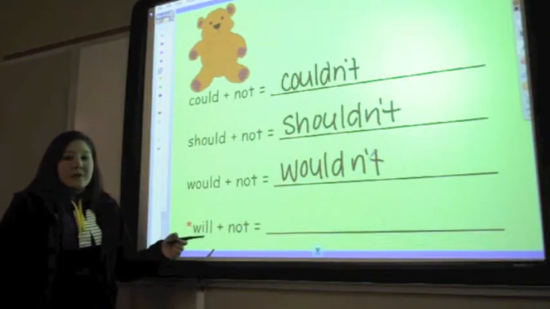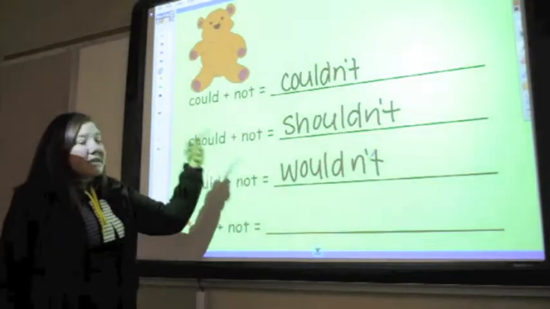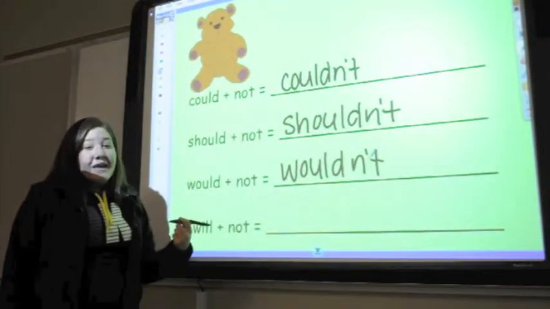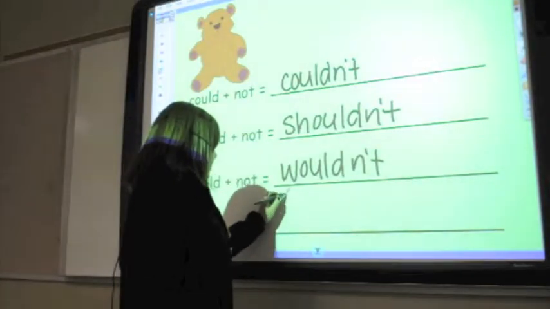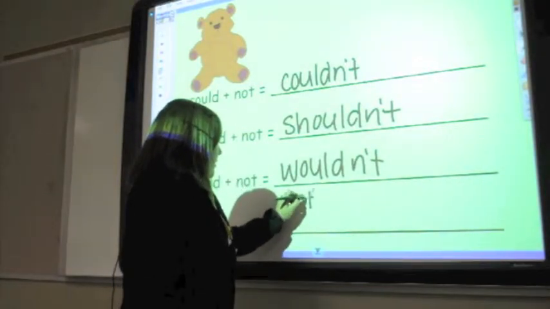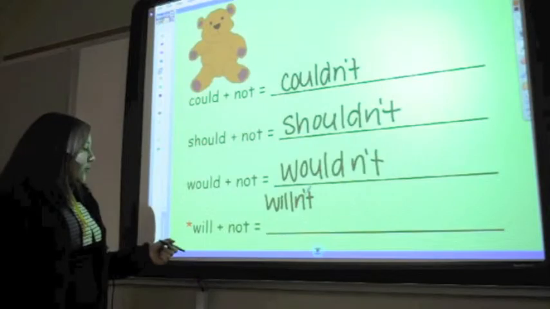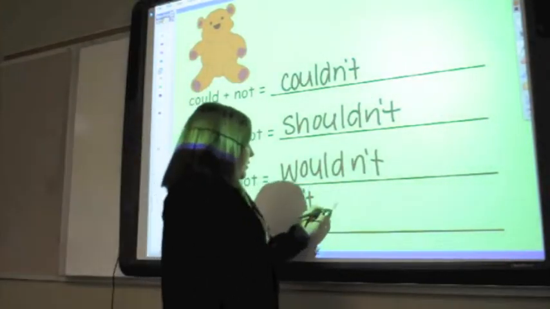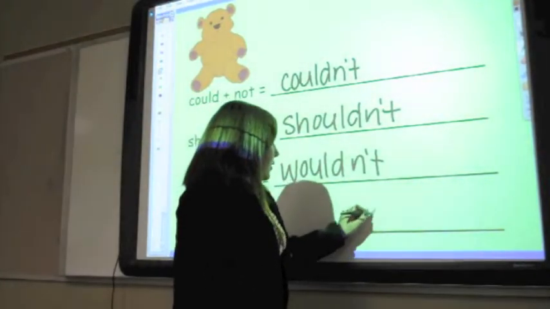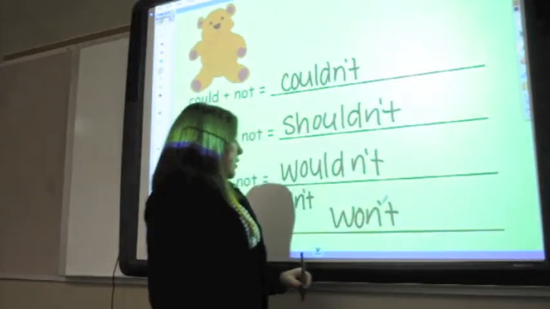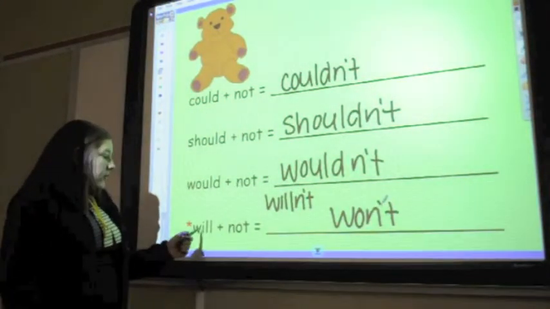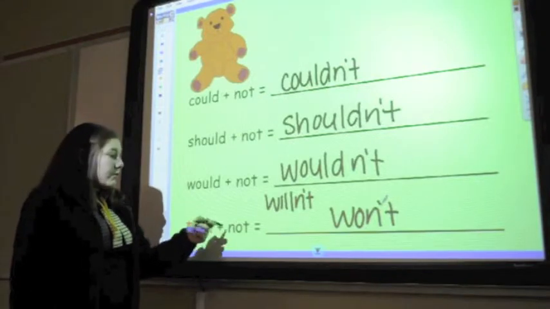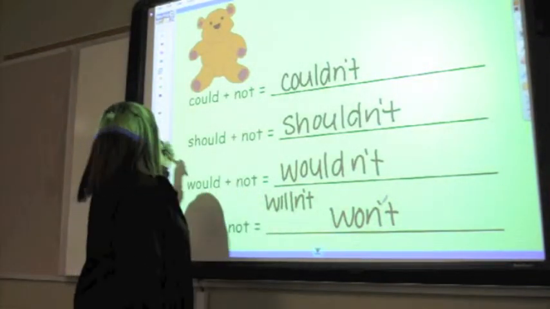This is will not. So normally if you would be using the same rule that we've been using, you would say willn't. You would think that it would be this. And that makes sense. But the word that we would use here is actually the word that we've seen before, won't. So that one's a tricky one. You have to be careful when you are making the contractions that you're not doing willn't, but the word is won't.